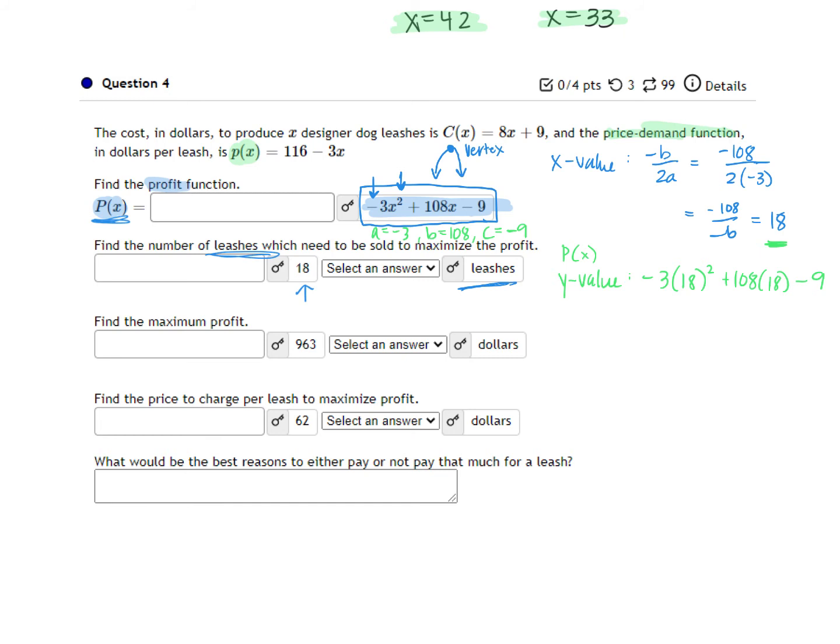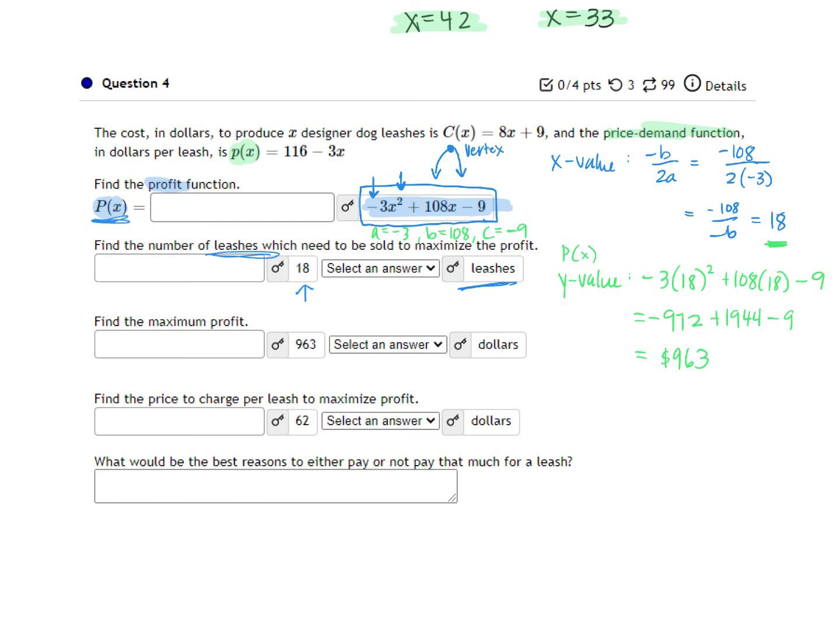That's going to give us negative 972 plus 1944 minus 9. When I combine that together, I'm going to get $963. So that would be the maximum profit. By selling 18 leashes, we would make $963. And that's kind of best case scenario.